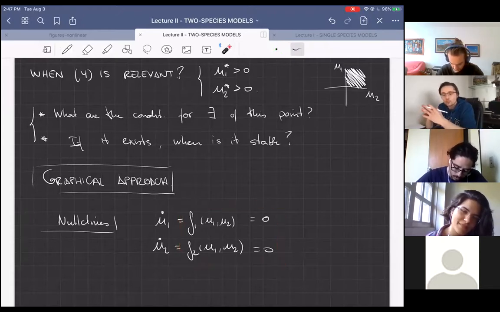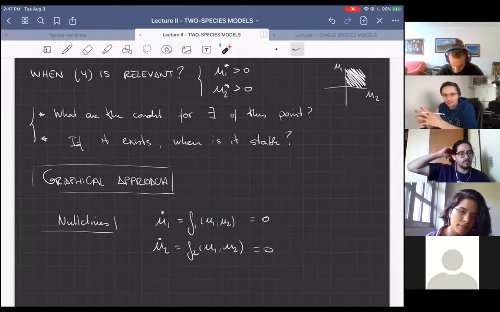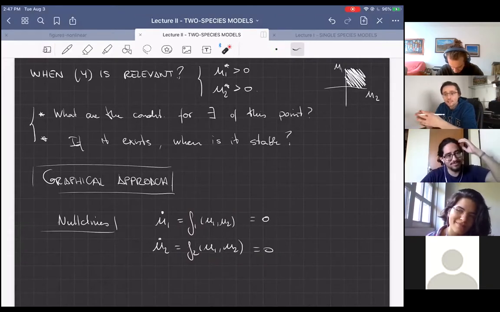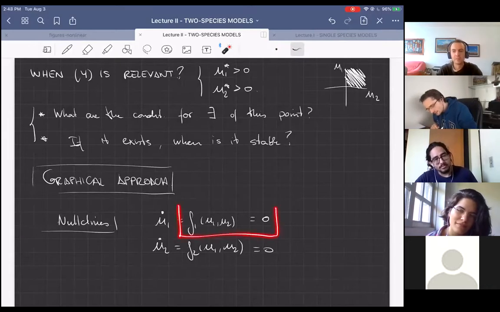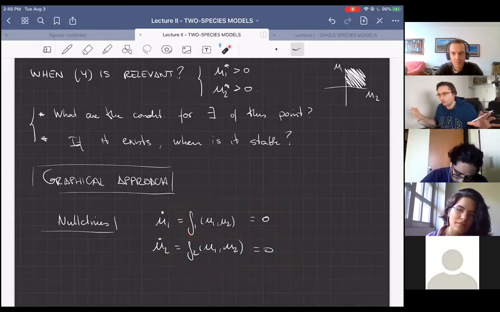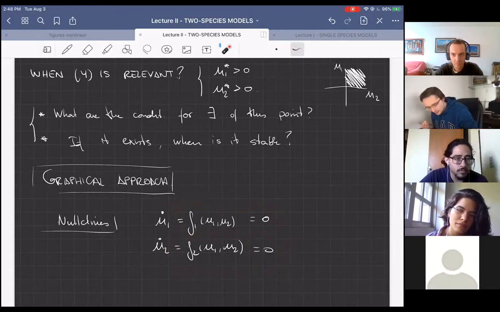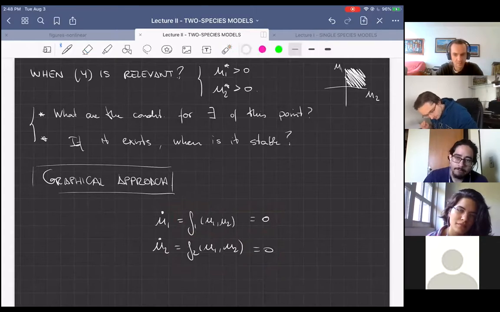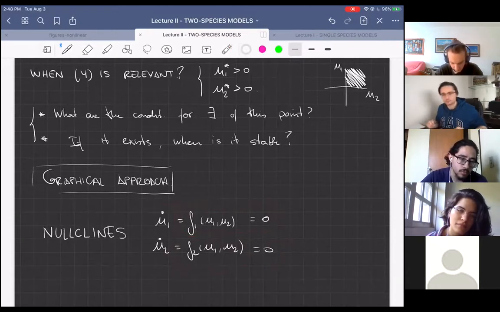The null lines are going to be the lines or the curves in the phase space. Here I'm already abusing language because in our case they are going to be straight lines. They are the curves on the phase space where each of these functions are equal to 0 independently from each other. Null lines.